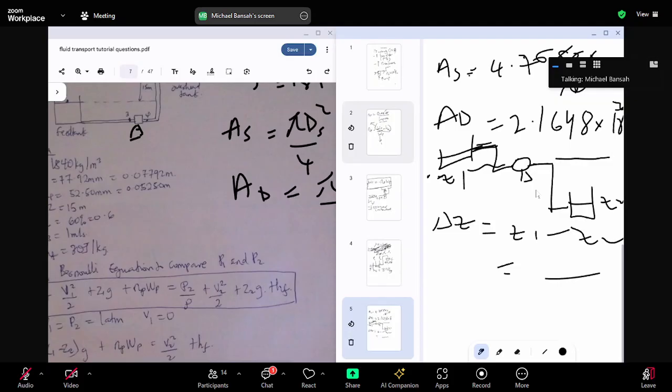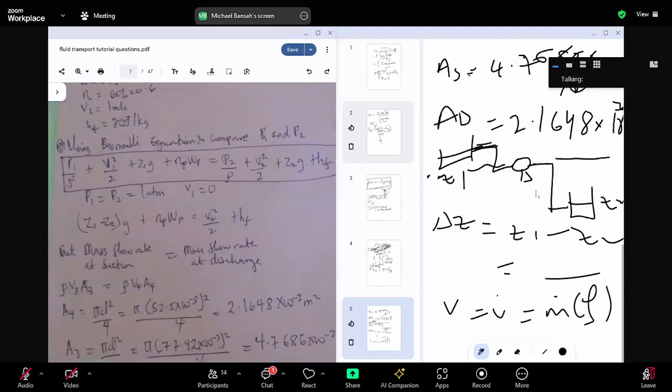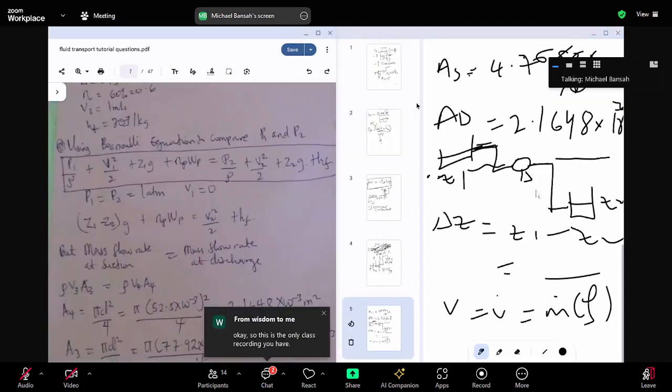And since density has been given, you can find mass flow rate. So if you know only velocity, you are good to go to find volumetric flow rate, to find mass flow rate, because we have density. Is that fine? So you can just go around that and see the things that you will need.